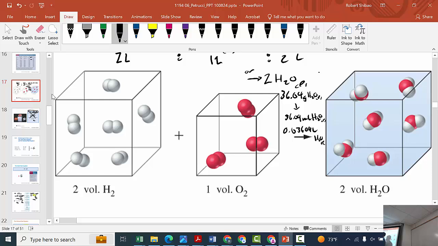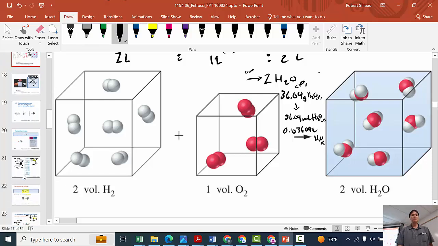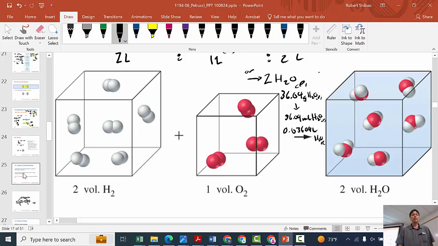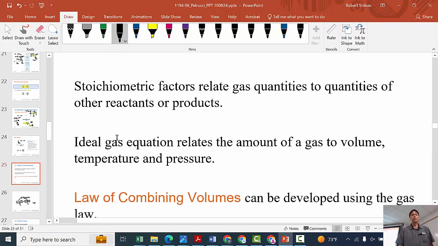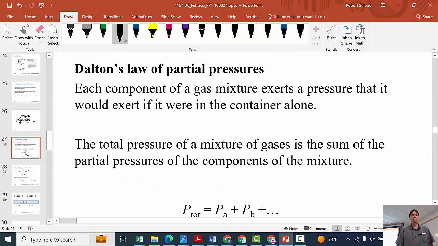This is a weird one because when I do this, if I take 2 liters and 1 liter, I'll get 3 liters of mixture. And then I'll let it react. And when those 3 liters of mixture react, then the volume shrinks back down to 2 liters. And so when we deal with gas mixtures, it can get a little confusing.